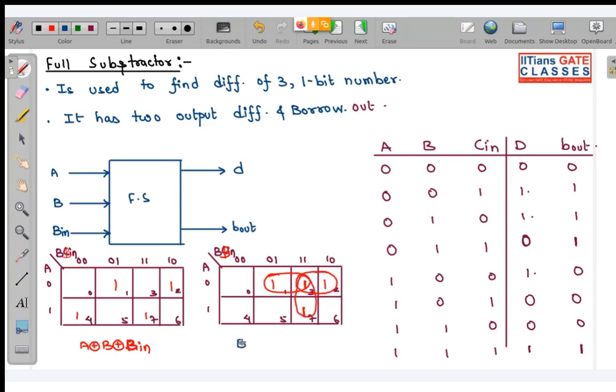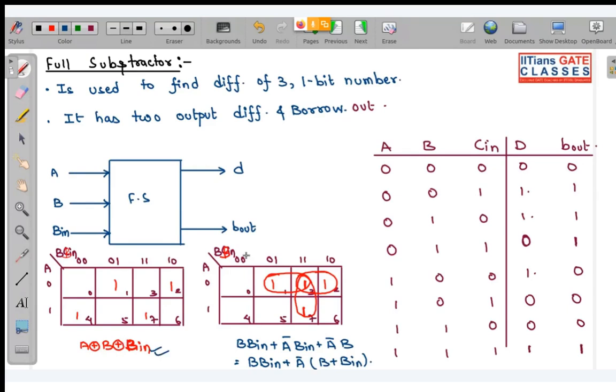So this will be B in plus A bar, and this will be B in plus A bar, and over here that will be B. Okay, so this you get, so you can even write it like B in plus A bar common B plus B in. You can write it like this also. What B in XOR A? Yes, Chandana, this is for this one.